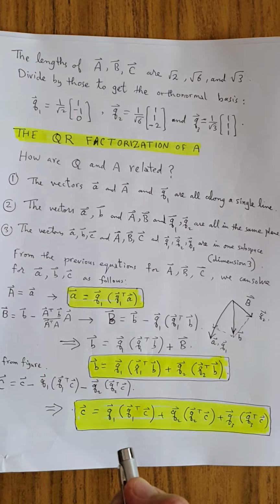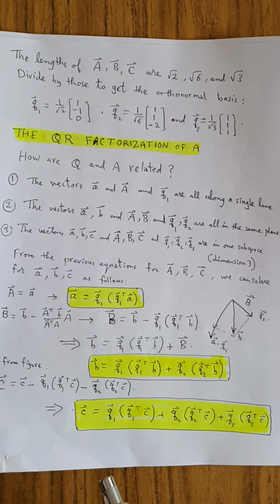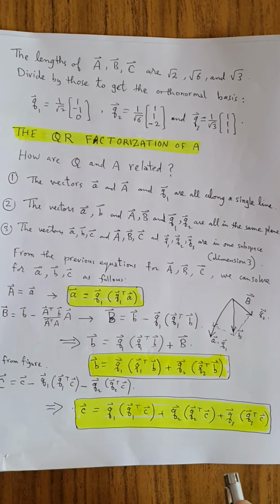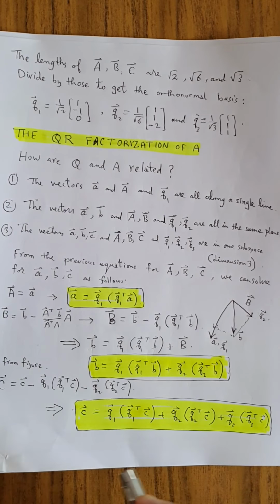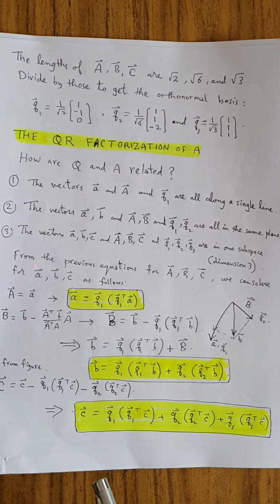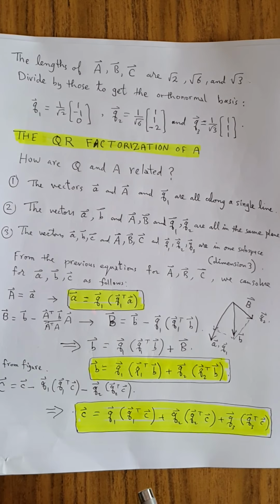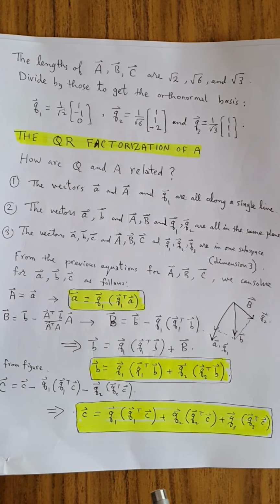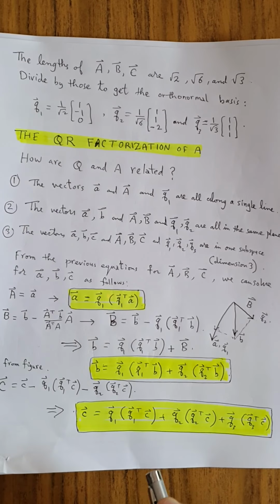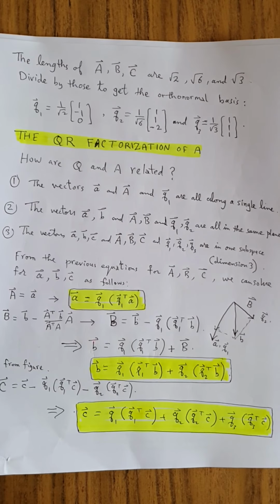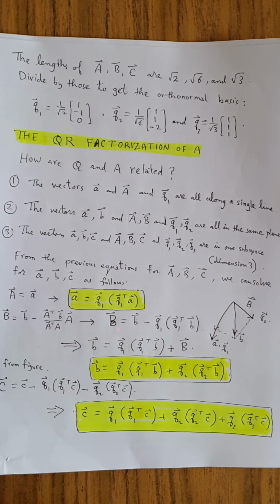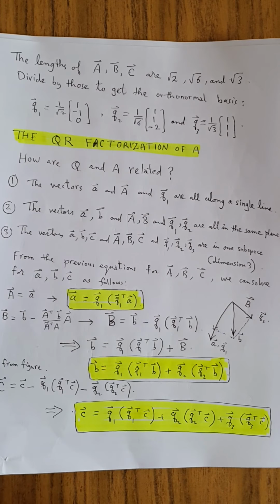To find the relationship between Q and A, okay, we go back to the previous equations for capital A, capital B, capital C, and we can solve for small a, small b, small c as follows. Capital A equals small a, written in terms of the unit vector Q1, so it is Q1 times the projection of a onto Q1. Then from the other equation for capital B, we solve for small b.